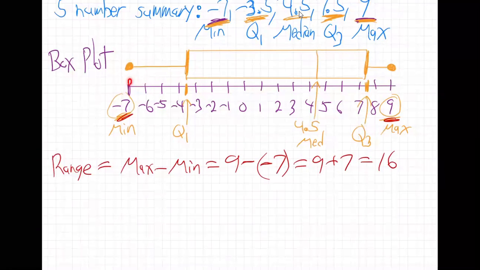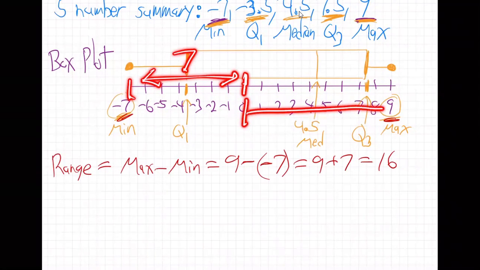Because from -7 to 0, that's 7, and then from 0 to 9, that's another 9. So 9 and 7 is a total range of 16, from the lowest temperature of -7 to the highest of +9. That jumped up 16 degrees, didn't it?